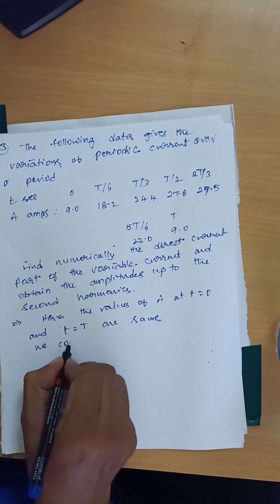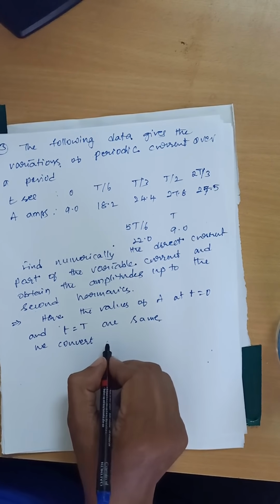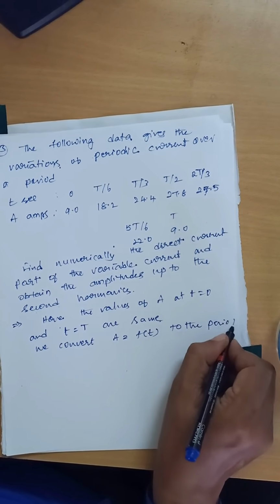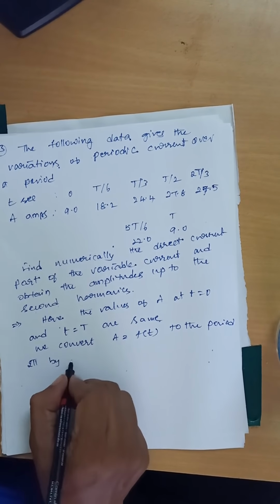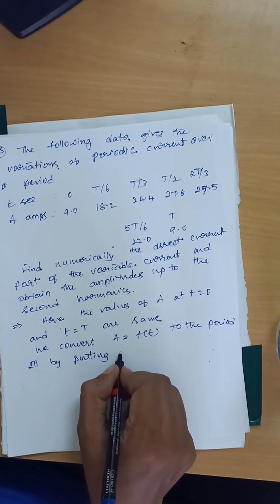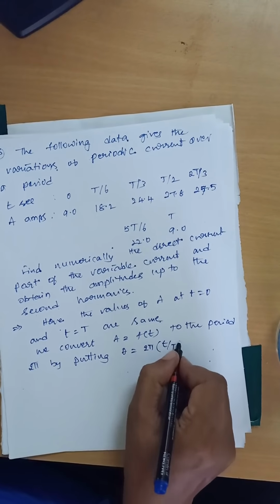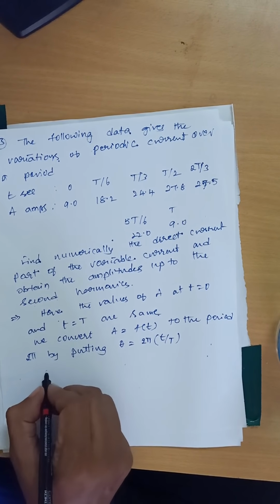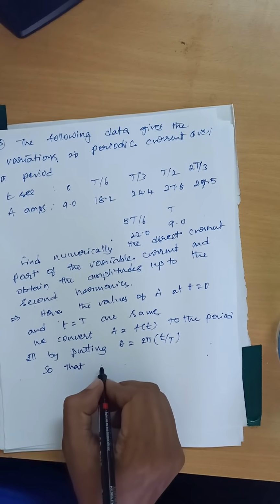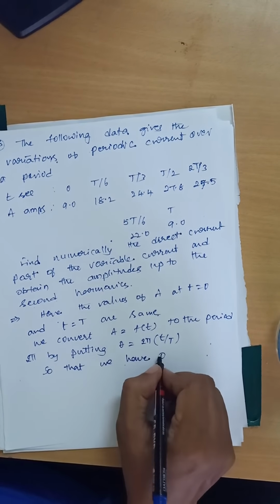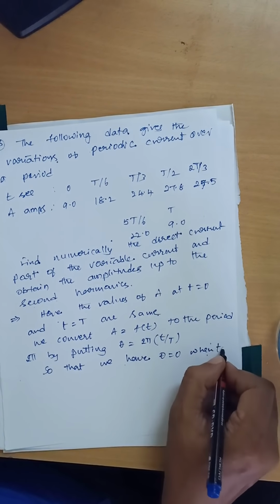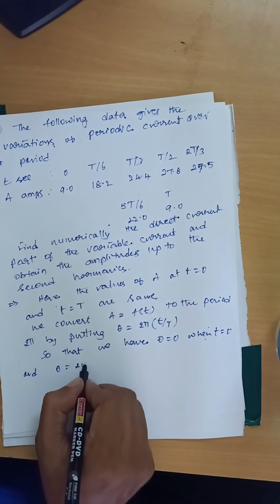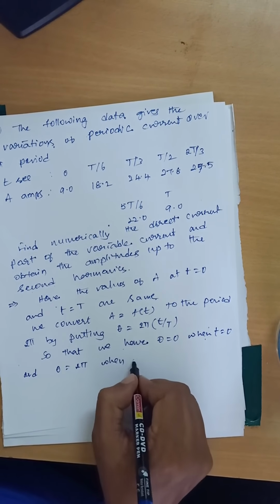We convert A as f of t to the period 2 pi by putting theta equal to 2 pi t by capital T. So that we have theta equal to 0 when t equal to 0, and theta equal to 2 pi when t equal to T.